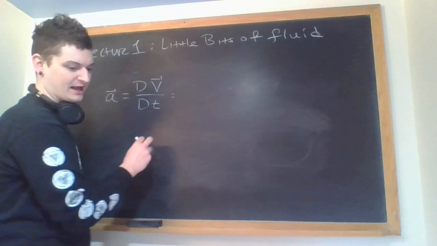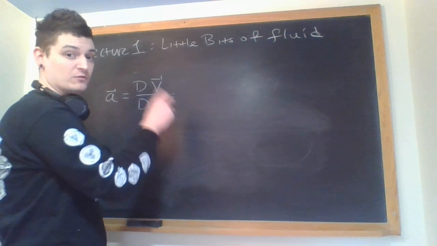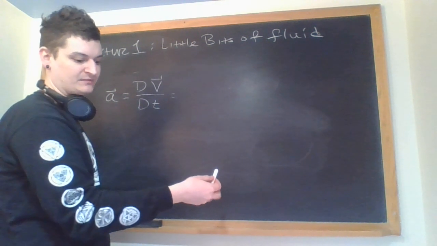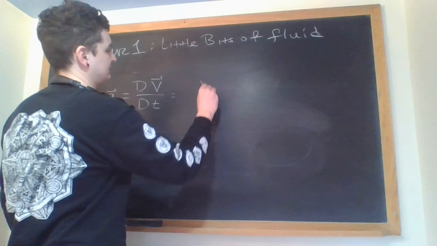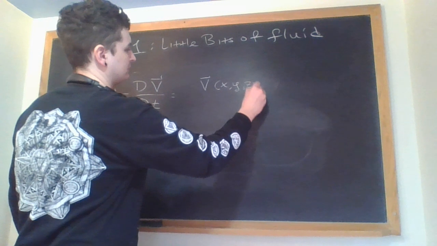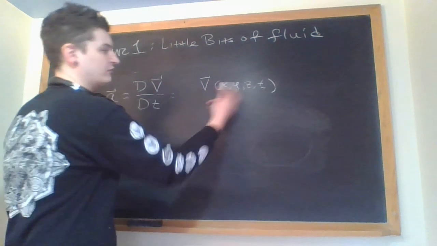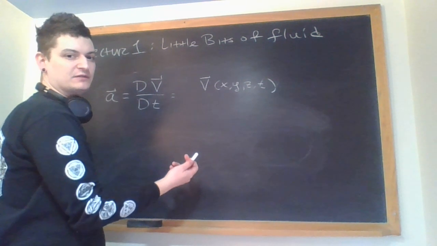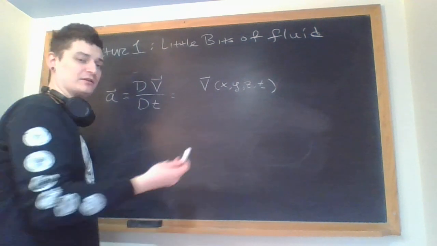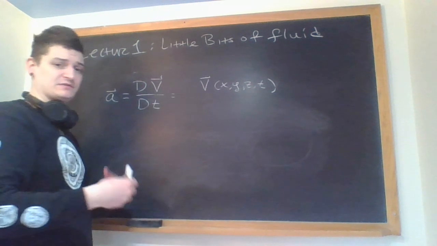But remember that we know what velocity is. It gives you an x, a y, a z, and it needs a t to assign some sort of vector. So there are 4 arguments in this thing to take a derivative with. We could think of this as taking a regular derivative, but using the chain rule.